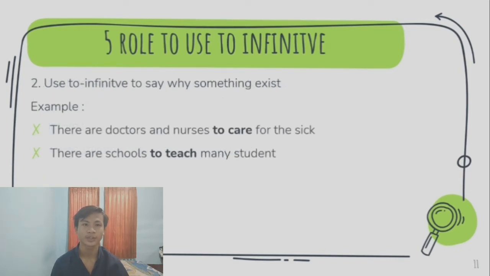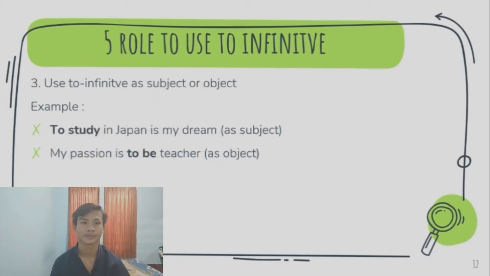Second, use to infinitive to say why something exists. For the example, there are doctors and nurses to care for the sick, and there are schools to teach many students.